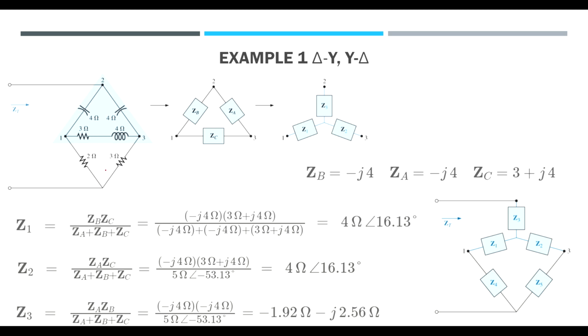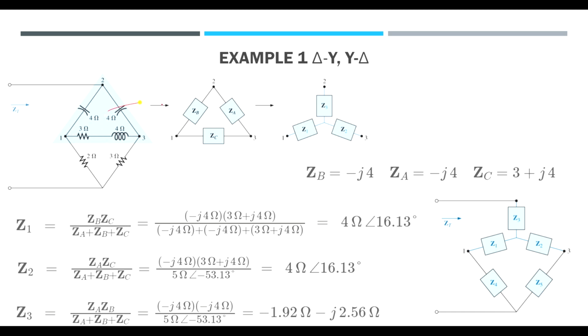If we have a configuration with basically two deltas here, one is the upper part, one is the bottom part, and this is kind of like a bridge network as well. We have a capacitor on the top part, and we have resistors on the bottom part, and the connecting branch is a resistor and an inductor.